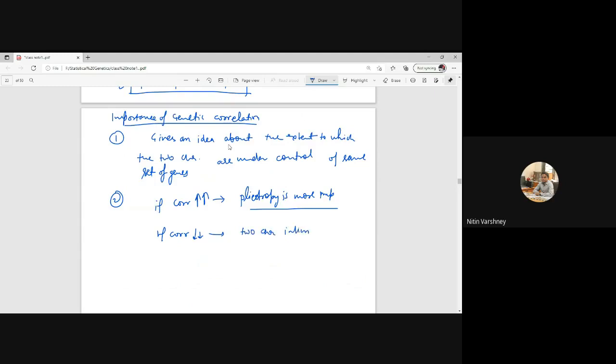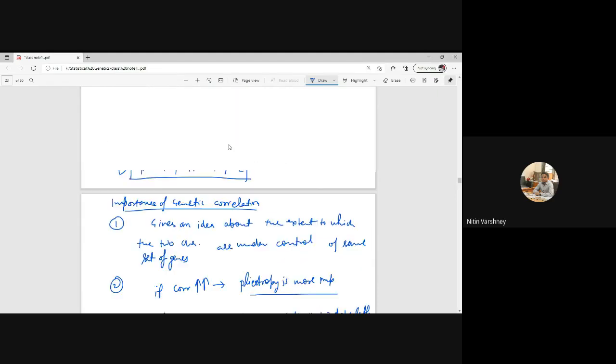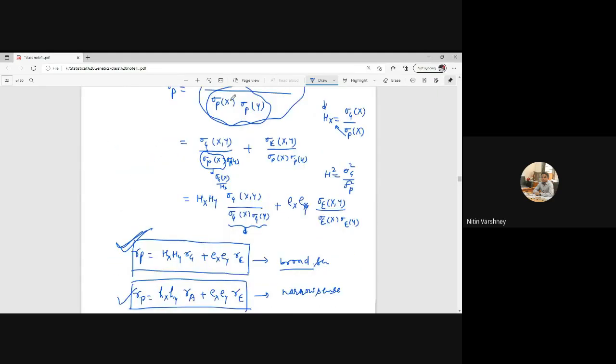Inherited independently means there is no correlation, or we can say they are under control of different sets of genes. Okay, so this is the importance of correlation. Any doubt in this?